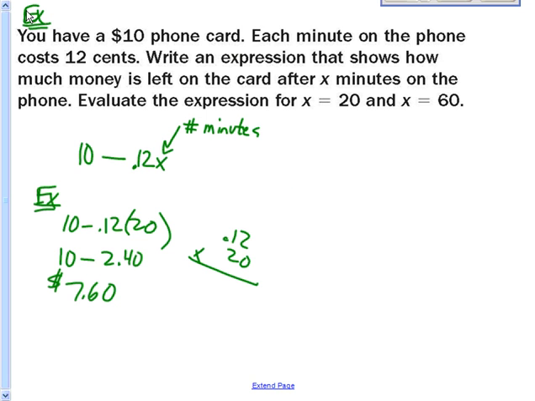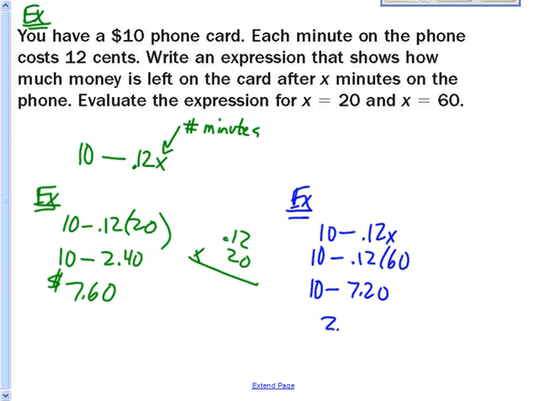And then we're also doing 10 minus 0.12 times x when x is 60. Times 60, and that would be $7.20. So it looks like we get $2.80 left. Okay, see you guys in class.